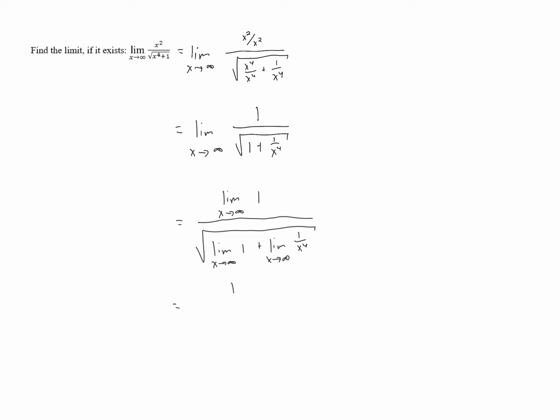Evaluating these limits gives us 1 over the square root of 1 plus 0, because the limit of a constant is just that constant, and then the limit of 1 over x to the fourth as x approaches infinity is 0. So this becomes 1 over the square root of 1, which is 1 over 1, which is just 1.